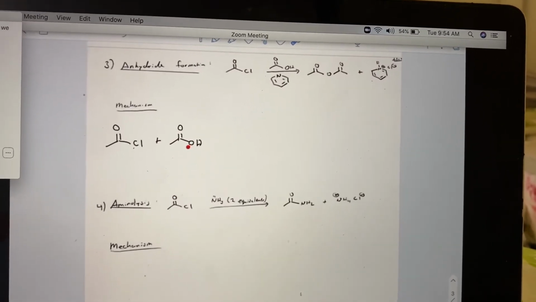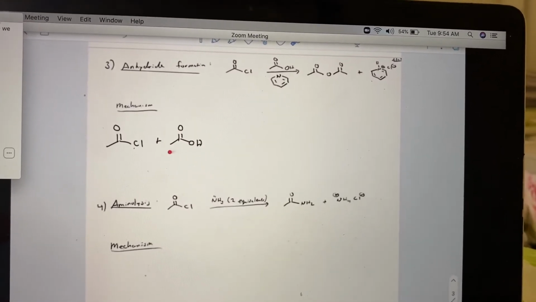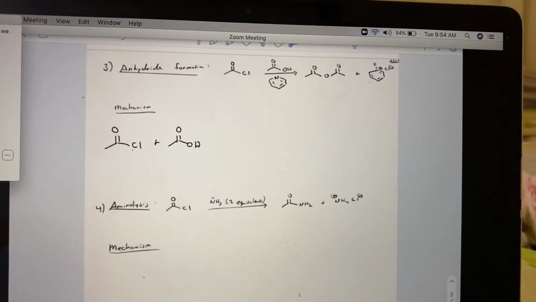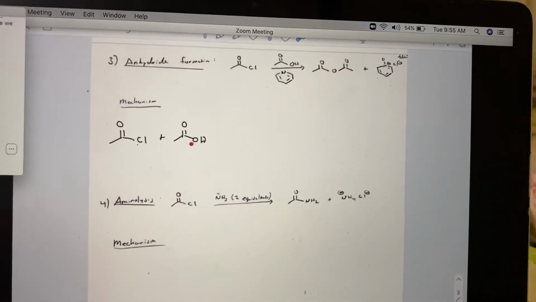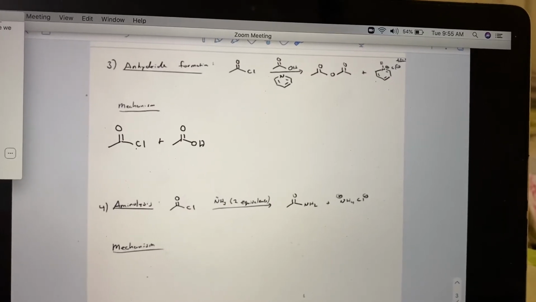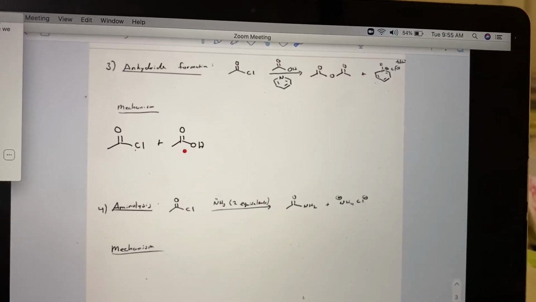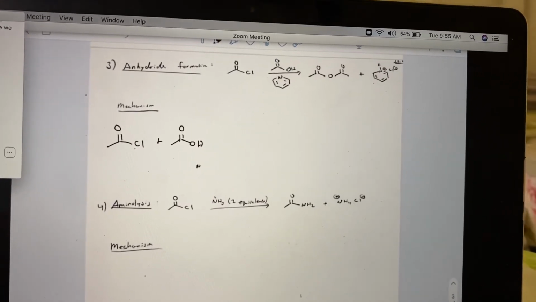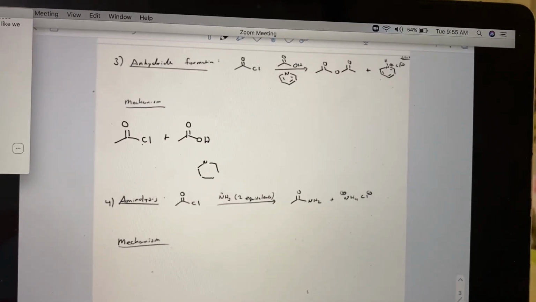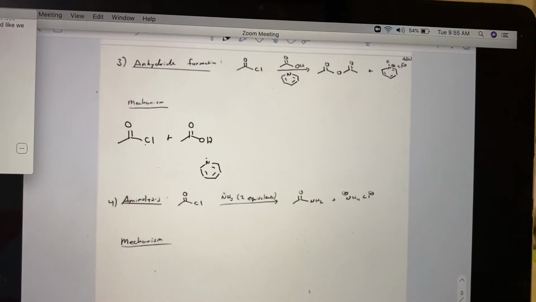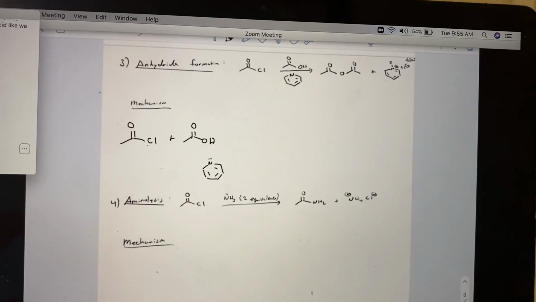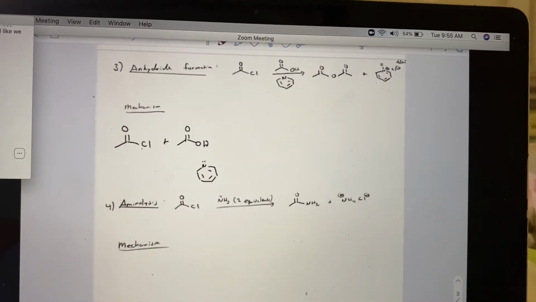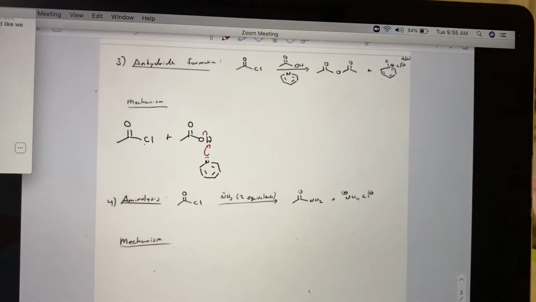So this is a really weak nucleophile. If you were to just mix these two together, the reaction will happen to some extent, but it'll be very slow. And it's more likely that any water that's snuck into your reaction is going to hydrolyze this. So instead what we can do is just add a little bit of pyridine. And this can act as a base. Not can, it does. And it's going to deprotonate this.